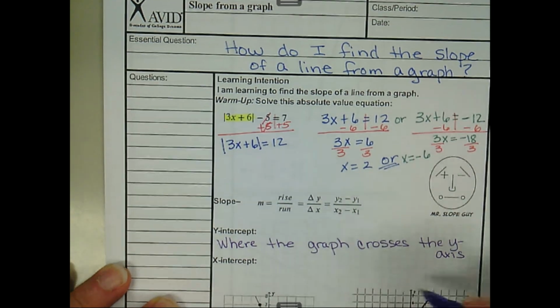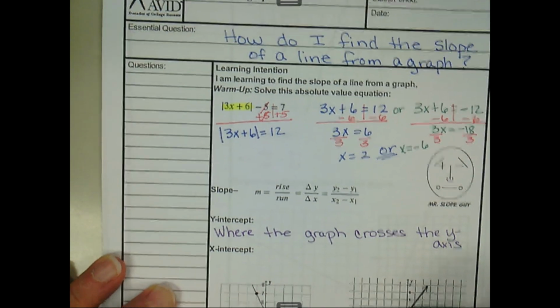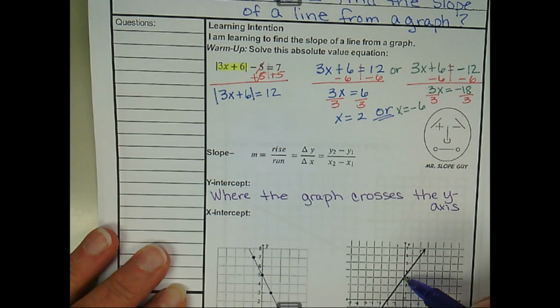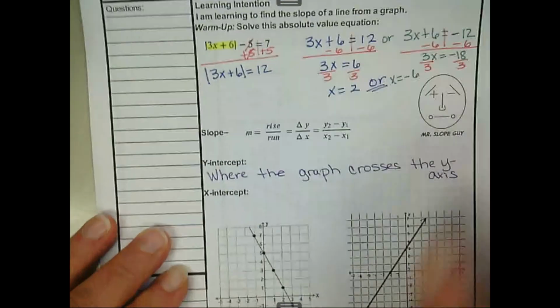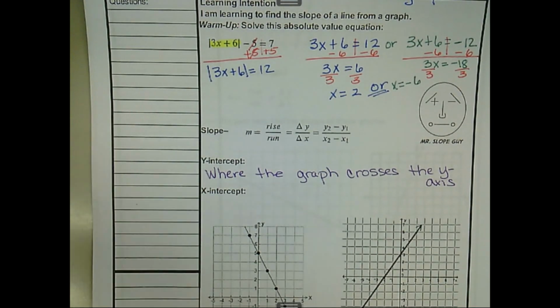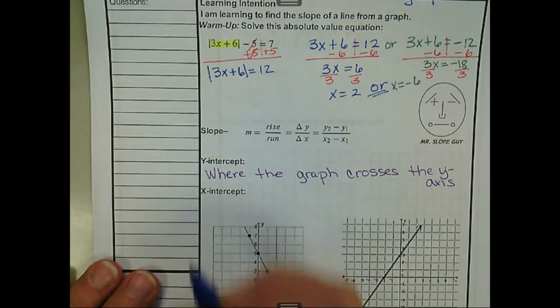So, if I'm looking at this graph, here's where it goes across the y-axis. So, if the y-intercept is where it crosses the y-axis, what is the x-intercept? Where the graph crosses the x-axis.